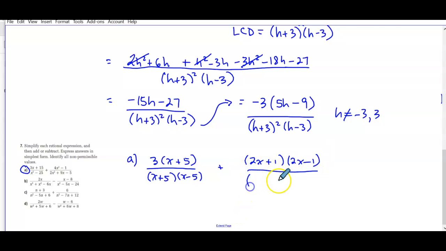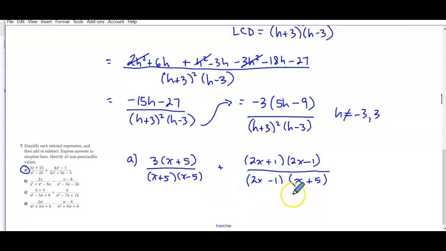And then here, that factors to, so 2x and x. Two numbers that multiply to negative 10 and add to 9 would be 10 and negative 1. So that would be plus 5 there, minus 1 there. And just check by expanding.